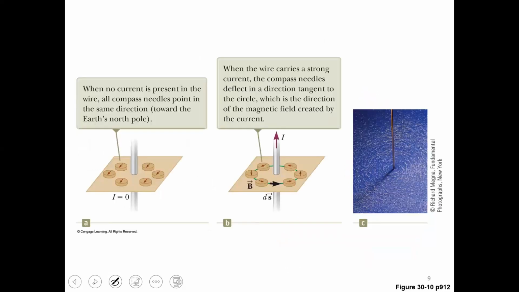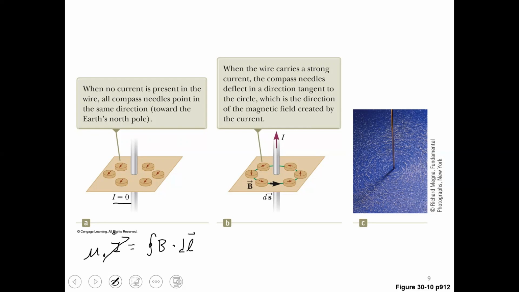When we have no current present in a wire, all our compass needles are pointed in the same direction. That is not a steady and continuous current. We have zero current enclosed, and Ampere's law tells us that the magnetic field there is zero.